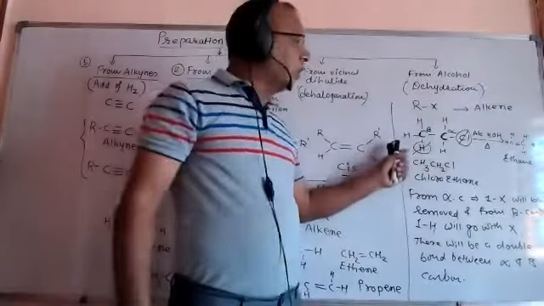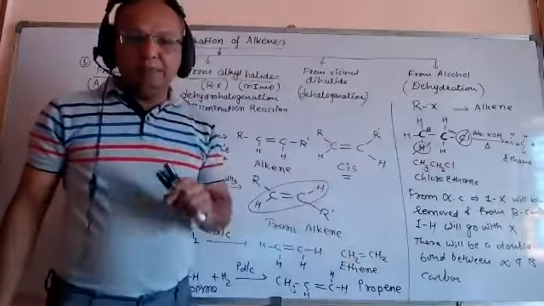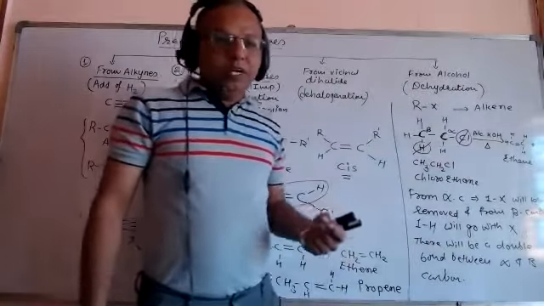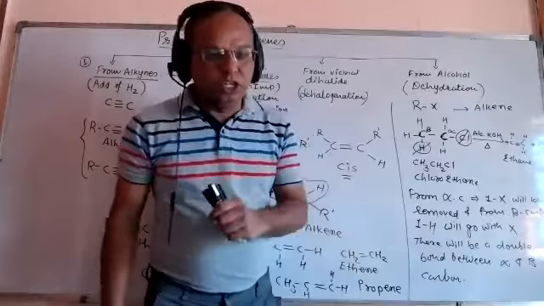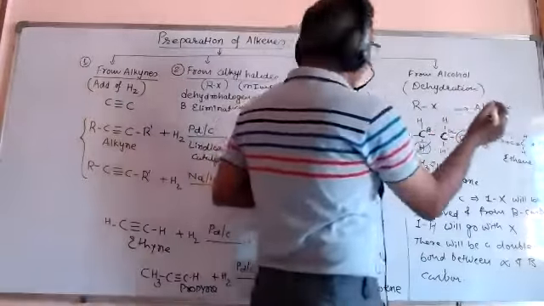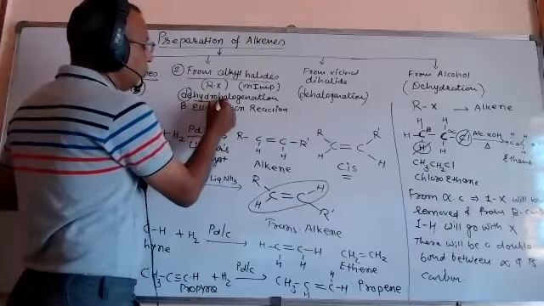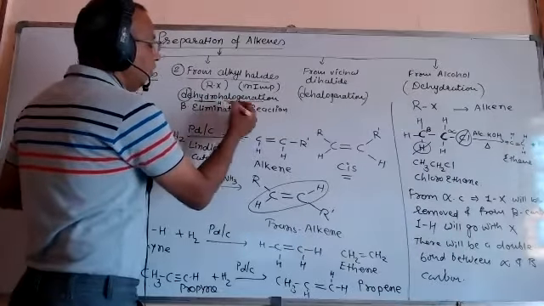So alkyl halide to alkene. This is called beta elimination reaction, or it is dehydrohalogenation. De means removal. Hydro is for hydrogen, and halo for halogen.